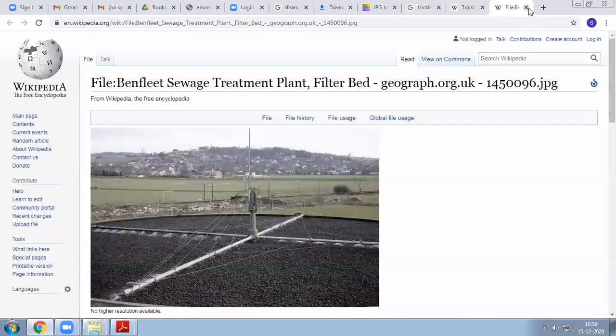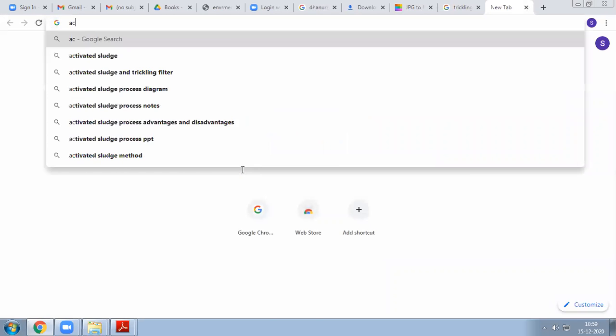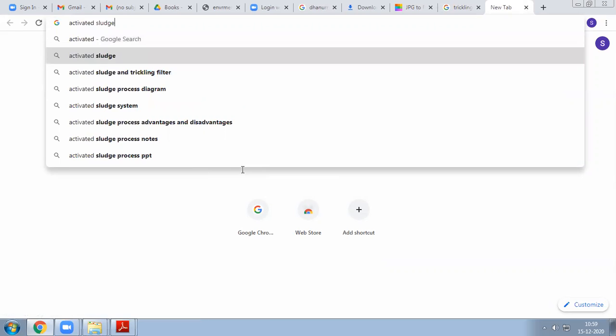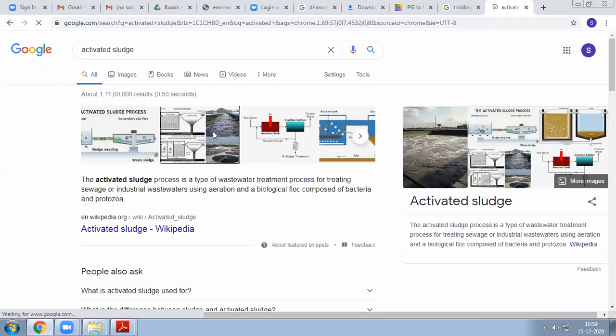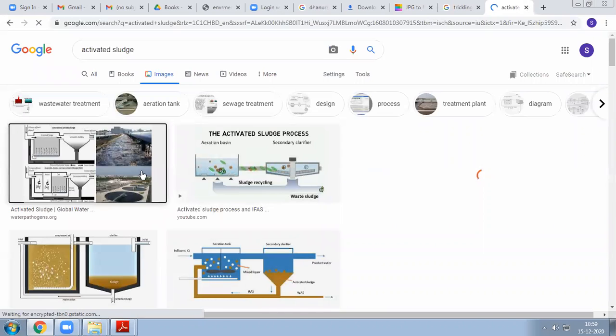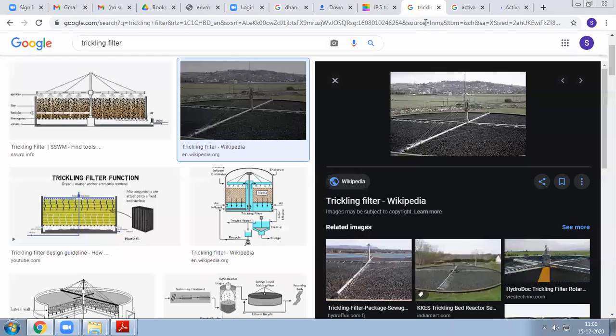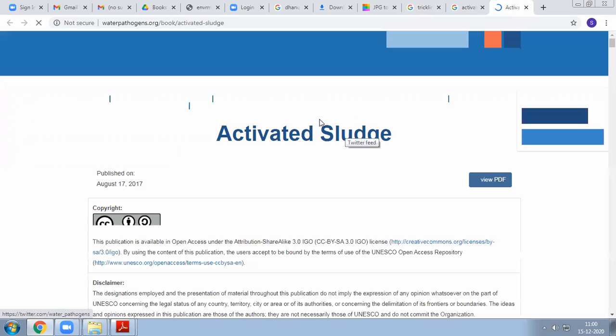Then one more, you have the activated sludge process. I'll try to show the figure. Okay, it's taking a lot of time.